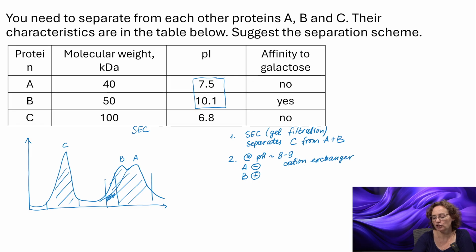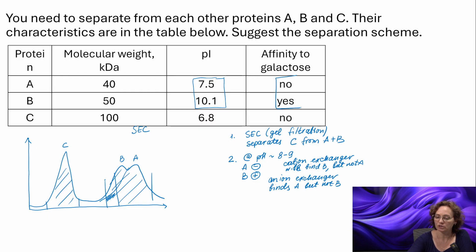So cation exchanger will bind B but not A, or anion exchanger you can also use, because it binds A but not B, right? So ion exchange chromatography allows you to separate the two.